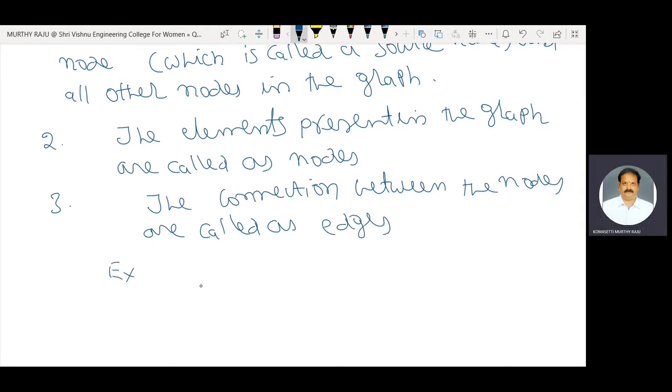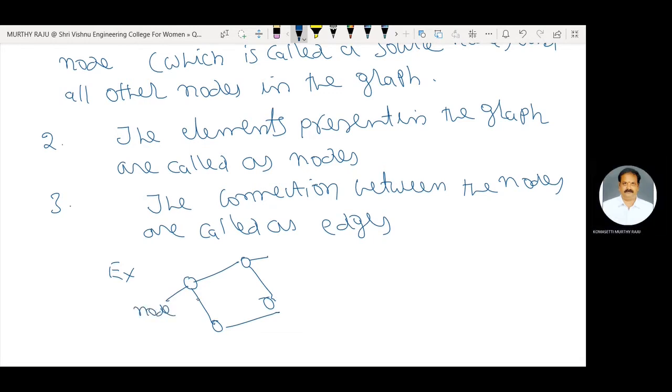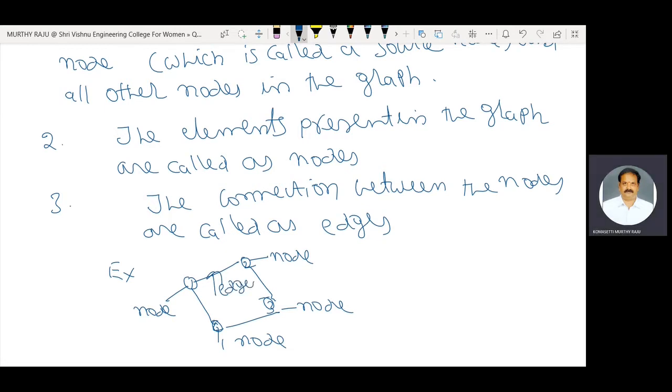Suppose the example: nodes are represented by circles like that. These are the connections. This is the graph. These are the nodes: node 1, node 2, node 3, and node 4. The connections between the nodes are called edges.